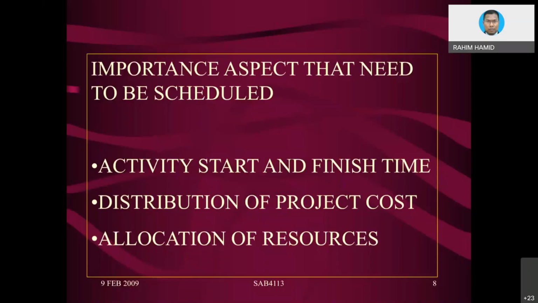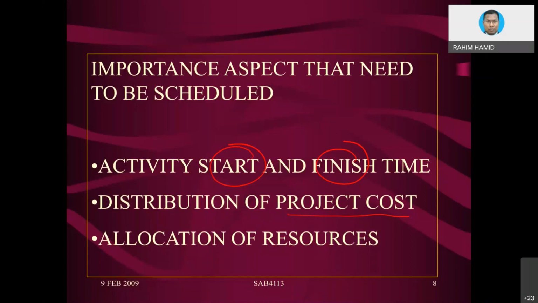Another important aspect that needs to be scheduled: what do you schedule? Activity start and finish time. When does an activity start and when does it finish? That is what we call the duration of the activity. Then the distribution of project cost. You know that a project might cost 10 million. That would be fine, that is the total sum.